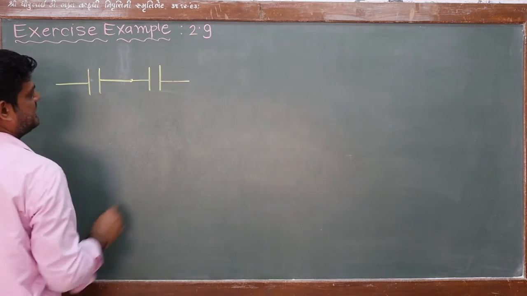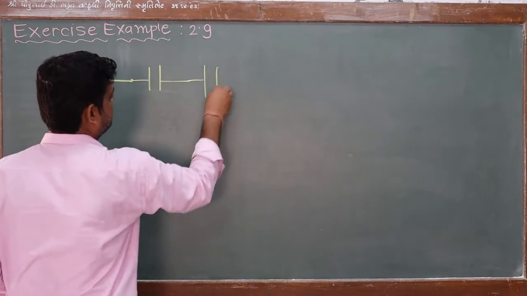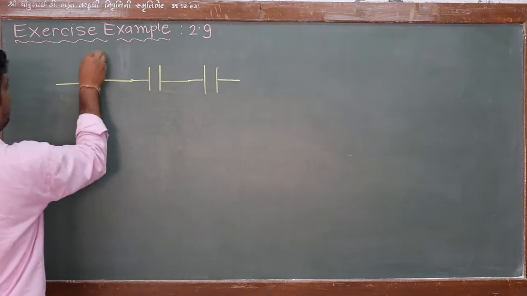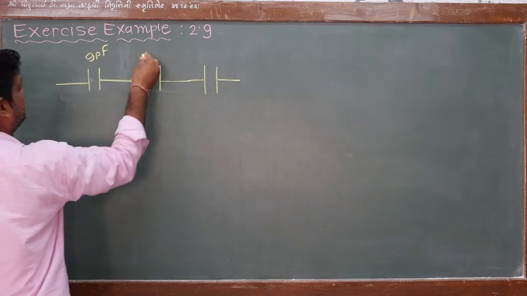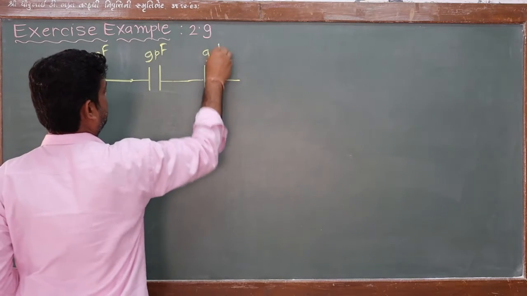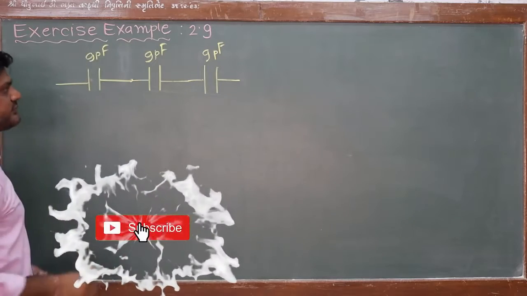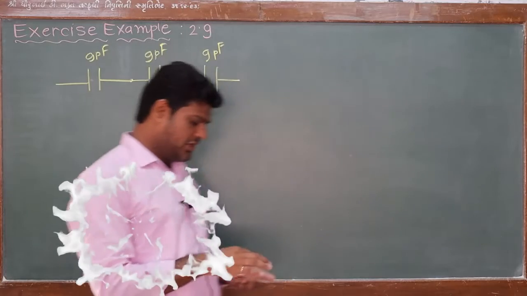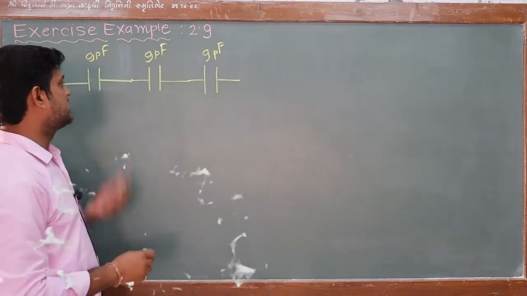So this is the second capacitor. Here is the third capacitor. These are the three capacitors, each of 9 picofarad. They are connected in series. The question is, find the equivalent capacitance of these three capacitors.